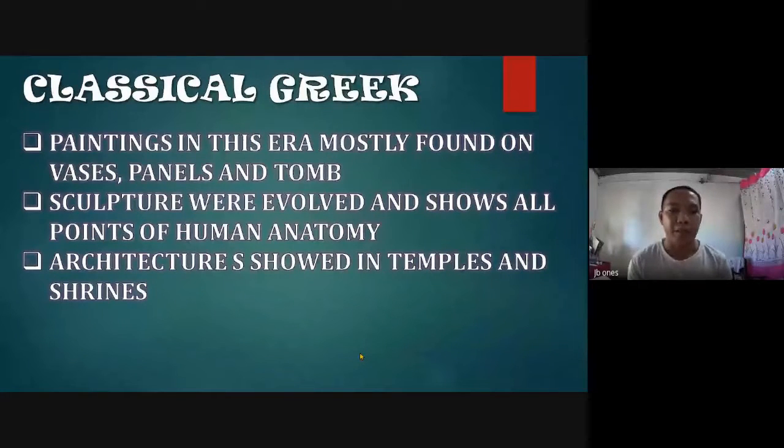Then their architecture is shown in temples and shrines. In classical Greek, most functions of their architecture are in their temples and shrines.